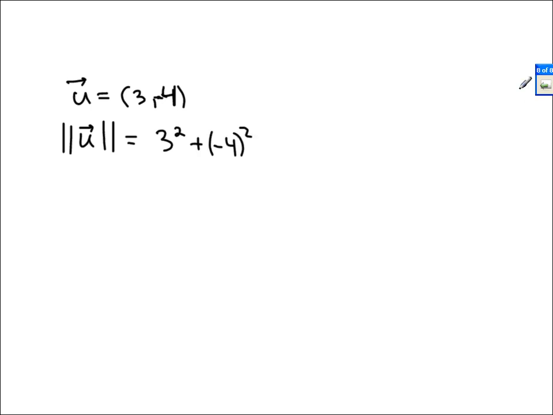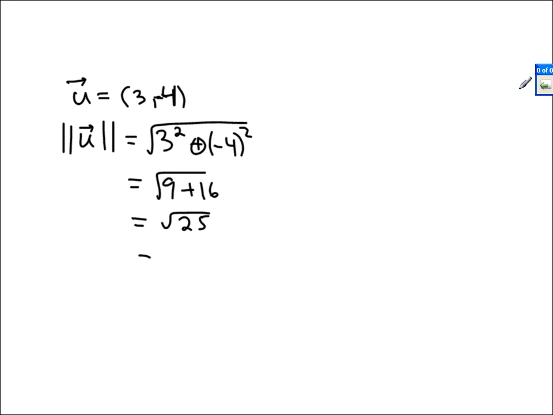Okay, so let us try another one of these. If u is the vector 3, negative 4, the length of the vector u will be the square root of 3 squared plus negative 4 squared. 3 squared is 9, plus negative 4 squared is 16, and you get the square root of 25, which is 5.